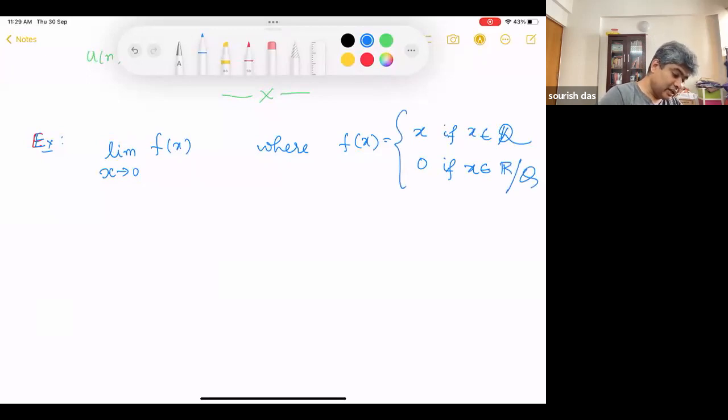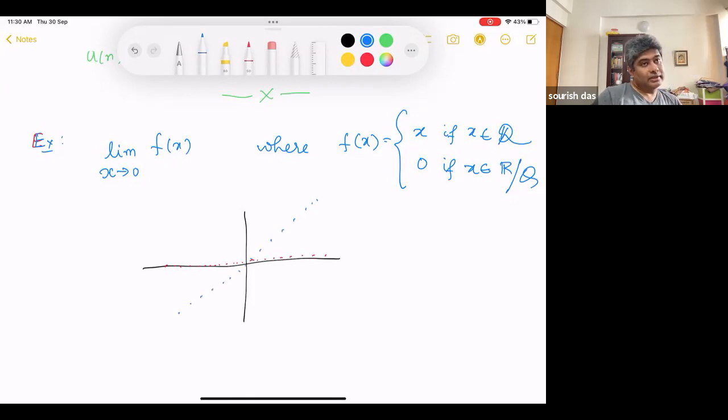When we discussed how the function will look, we figured out that for the irrational numbers, it will take values like this. On the x-axis, it's always 0. But for the rational numbers, it will take the values like this.